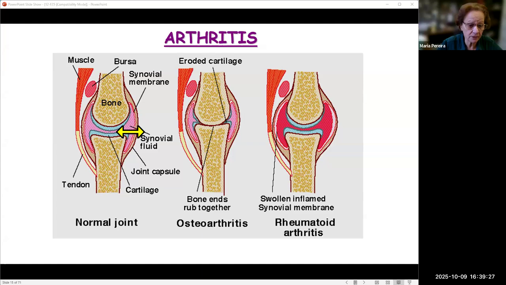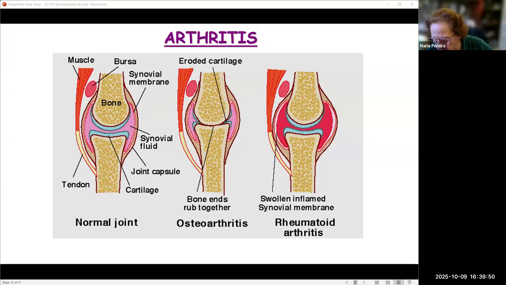The synovial fluid is contained in this capsule, and what produces the synovial fluid is the synovial membrane. So there are two membranes that surround this capsule. And here you see a bursa. The bursa also contains synovial fluid. It's not showing the fat pads.